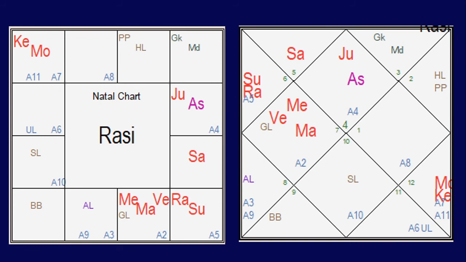Just add the Ayanamsa degree, that is currently 24 degrees. So the sun is in Virgo 28 degrees plus 24 degrees. So it will be Libra 22 degrees.